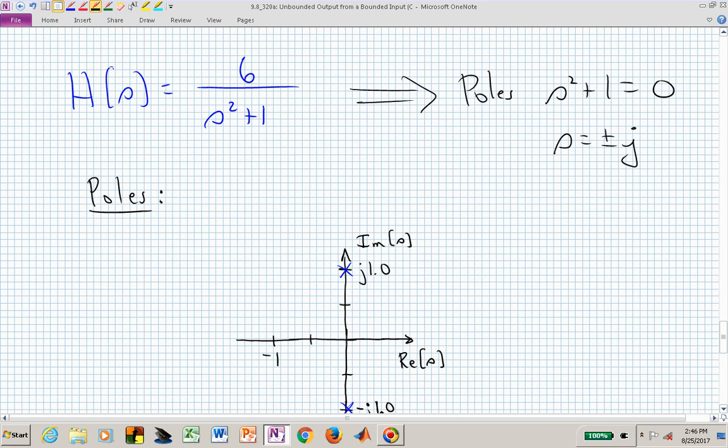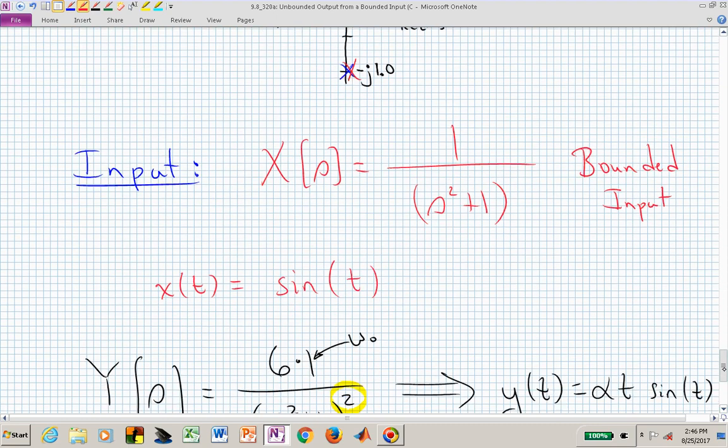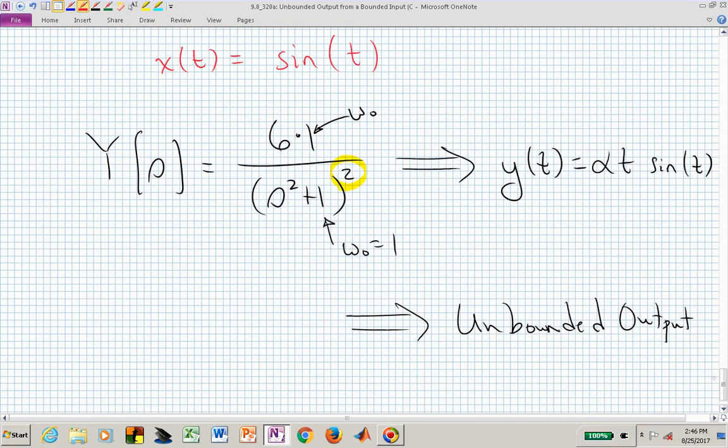That transfer function had poles on the imaginary axis. The combination of that with a signal that has poles right on top of the transfer function poles on the imaginary axis produces a repeated pole, and that repeated pole says put a t in front of it, and now we have an unbounded output for a bounded input.